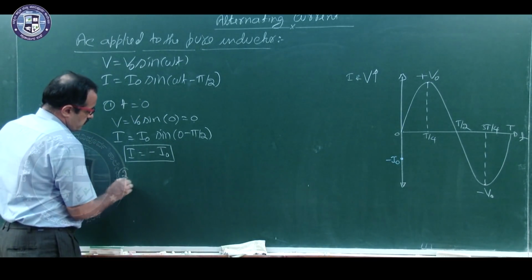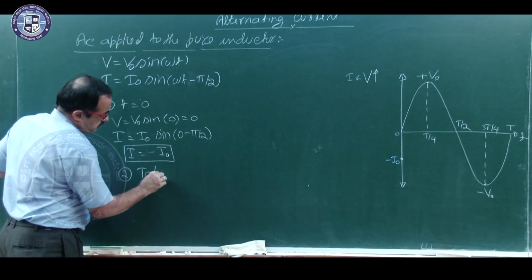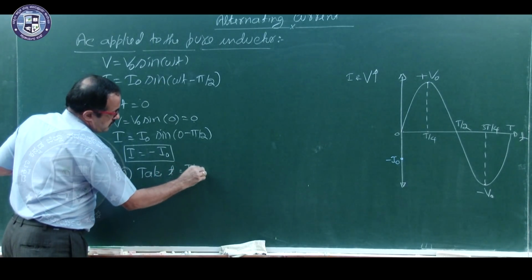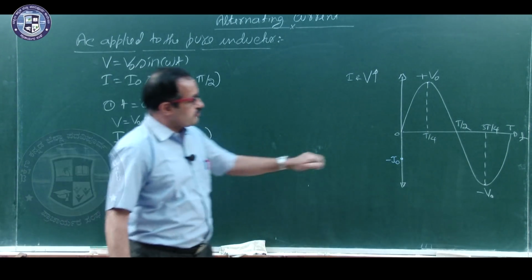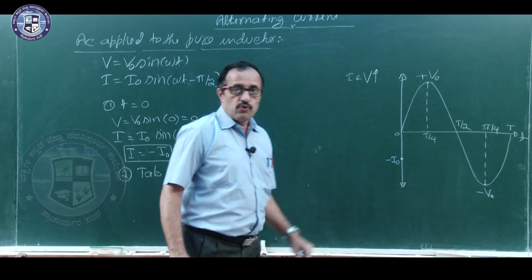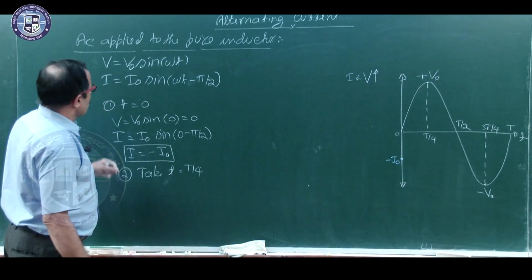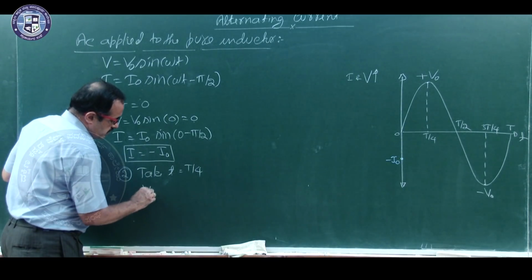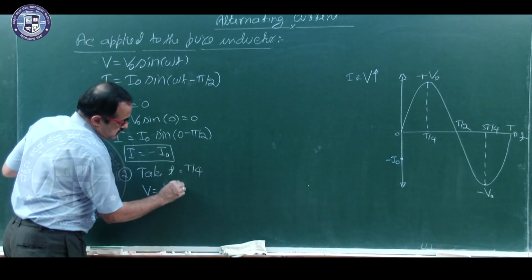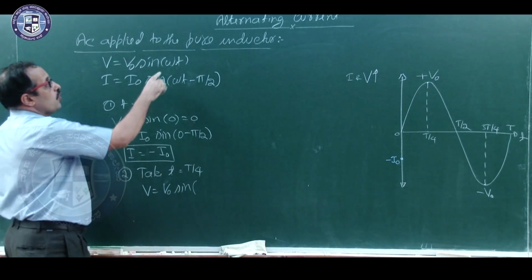Next, take t equal to T by 4, that is this point. When time equal to 1/4 of the time period, what is the voltage? V is equal to V naught sine omega t.